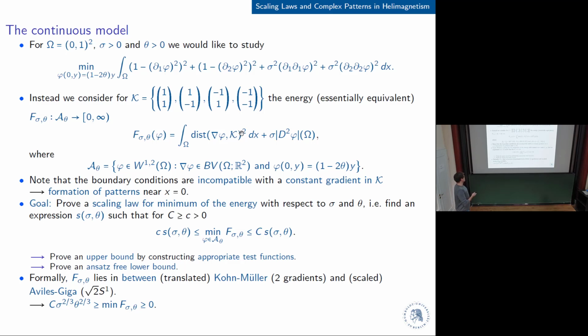It gives you a certain energy scaling, which for us gives an upper bound. And then there's also something like a Giga, where you have a whole circle of gradients available, which is in this situation completely boring because the boundary conditions are completely compatible, so it doesn't tell you anything. What we'll see is that the minimal energy in our setting, where you have 4 preferred gradients, will be a lot lower than what's given in the two gradient setting.